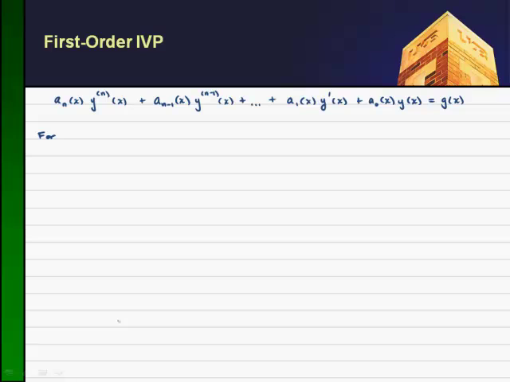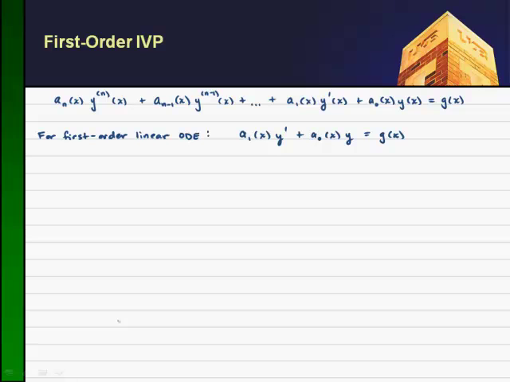Since we're only concerned about the first order ODE for now, for a first order linear ODE, let's just keep this back portion here. So we'd have a1 of x times y prime, I'll drop the x functionality on the y's, plus a naught of x y is equal to g of x.